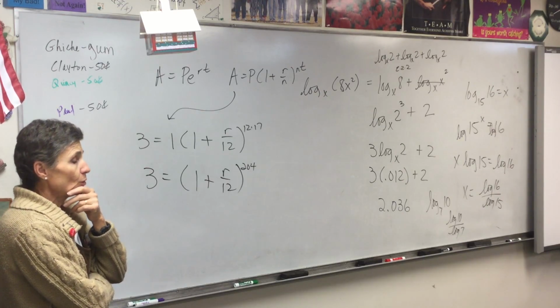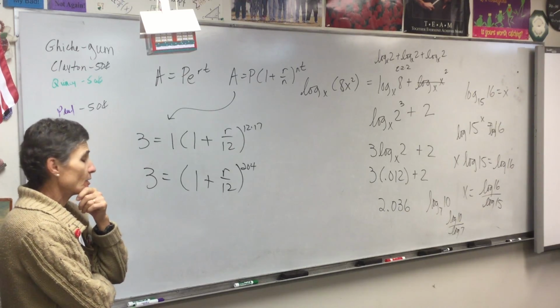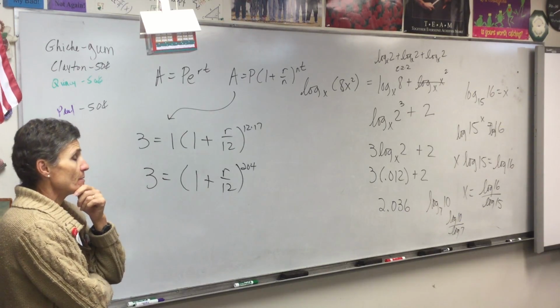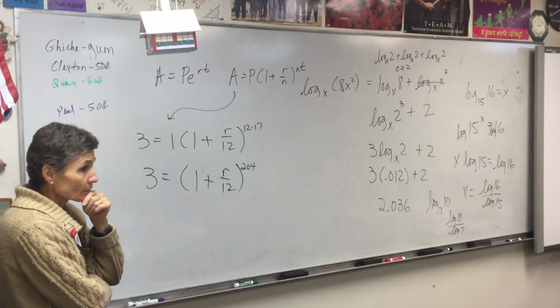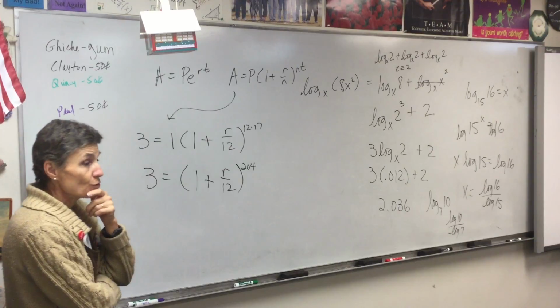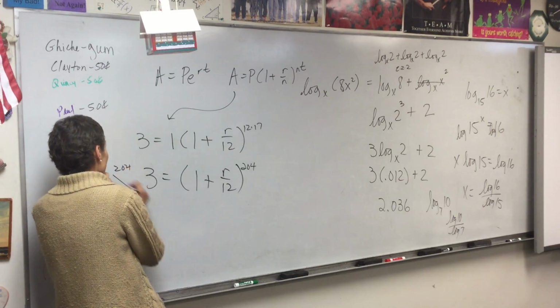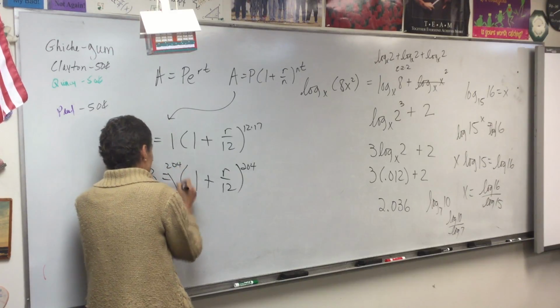We are kind of programmed to take the logarithm of both sides, but you're not going to want to do that this time, because why? The exponent is not the variable, so you do not want to logarithm both sides. You want to 204th root both sides, don't you?